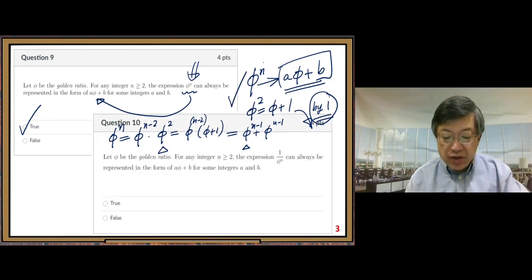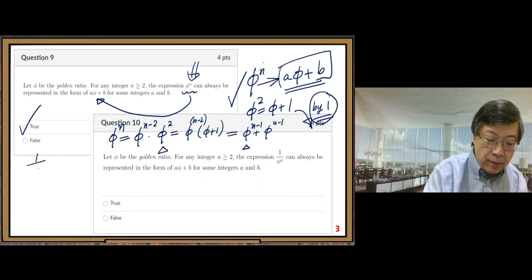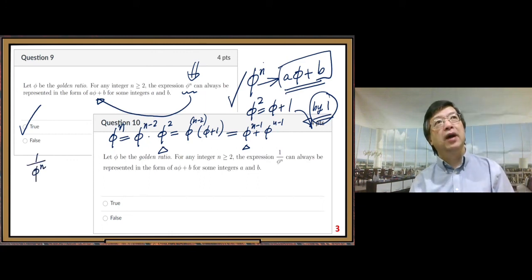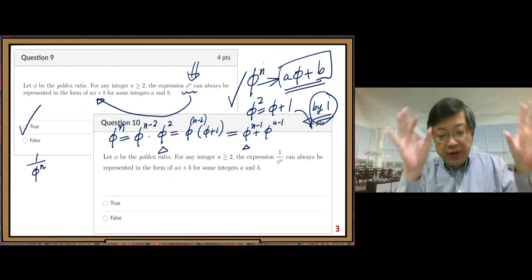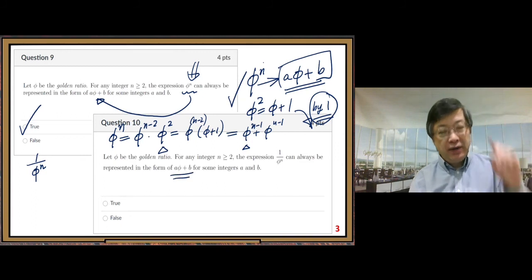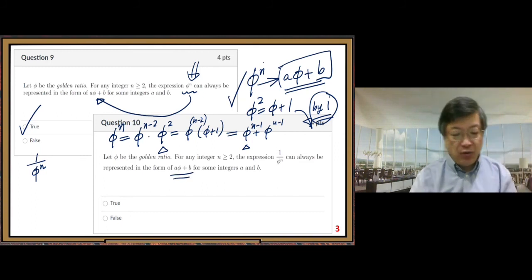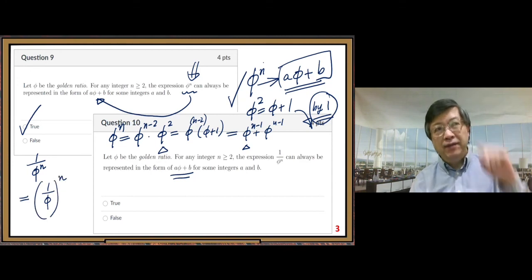The last question, similar to this one, but we change to 1 over phi to the n. So you have different ways to view. You can do the same thing here. But here, I like to use one special way. Can we write 1 over phi to the nth? Yes, we can.